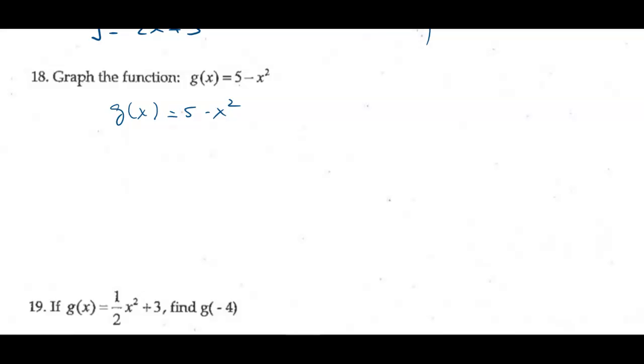All right, graph the function. Okay, there are a lot of different ways we can graph our functions, but one of the ways we can simply do it is just by getting points, right? So what's going on with this particular function? Hopefully you recognize it's a parabola, because anything squared is a parabola. And it's a negative parabola, so somewhere it's going down. All right. Now, throughout this course, we graphed functions using points, meaning just creating a table of values, right?